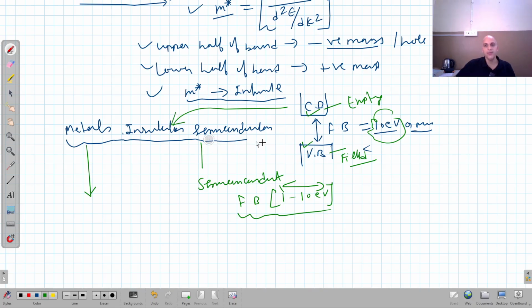For a semiconductor, the same situation is there, but the conduction band is not fully empty. Some of the electrons have moved from here to here due to the small gap between the valence band and the conduction band. So there are also vacancies in the valence band. All the levels are not fully filled and there are some electrons present in the conduction band.